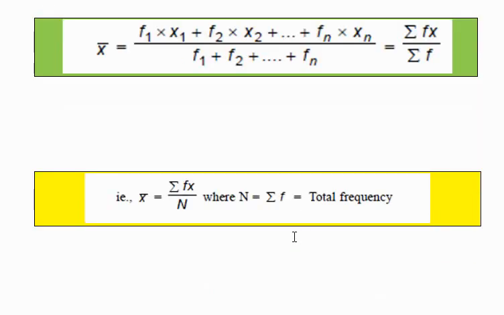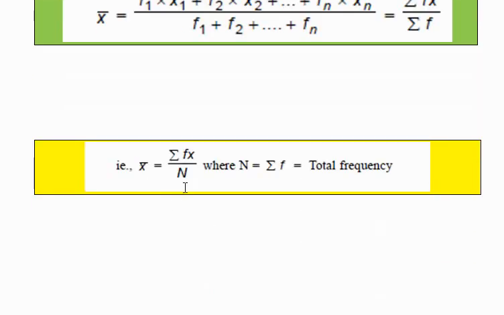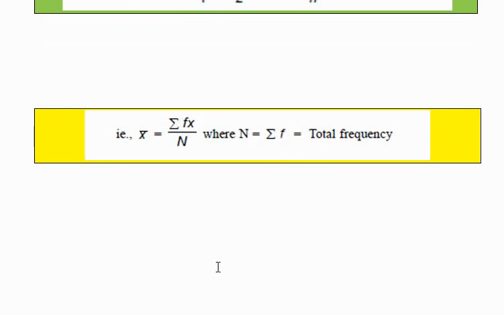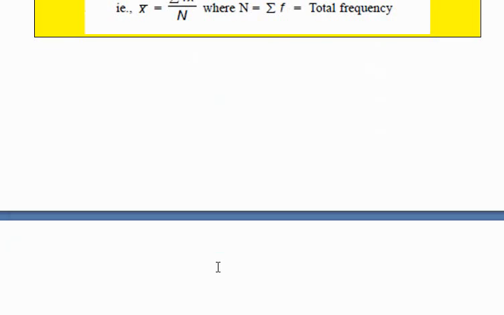That means fx has to be multiplied and then we find the summation. So x bar equals sigma fx by n, where n is the summation of frequency, or total frequency.